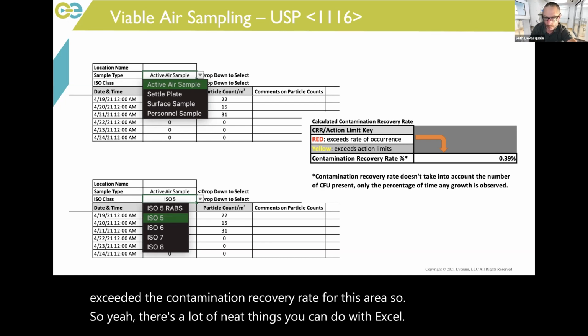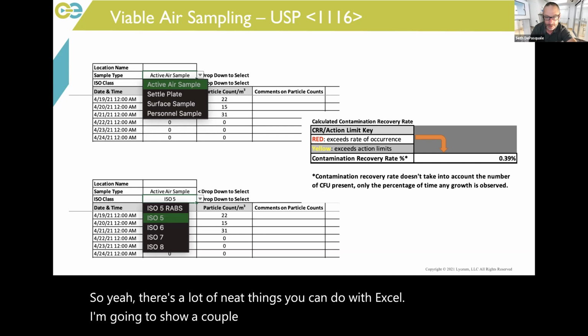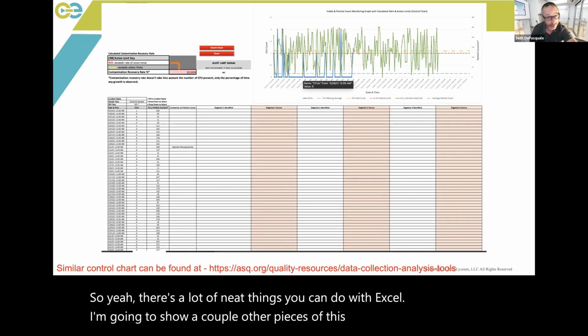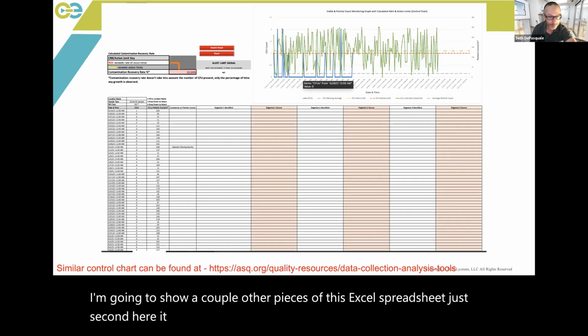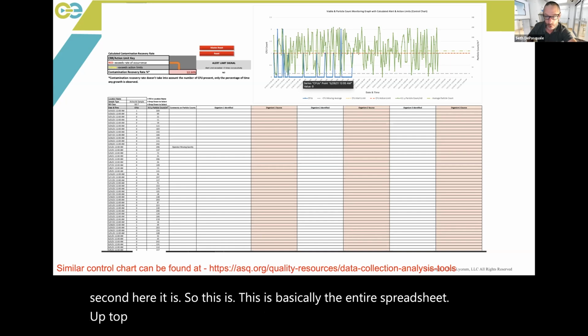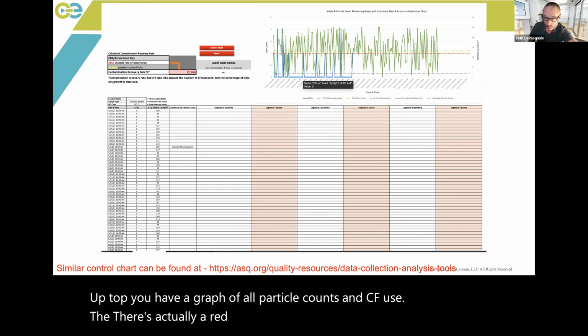I'm going to show a couple other pieces of this Excel spreadsheet in just a second. Here it is. This is basically the entire spreadsheet. Up top you have a graph of all particle counts and CFUs, with red, yellow, gray, and green lines going across.